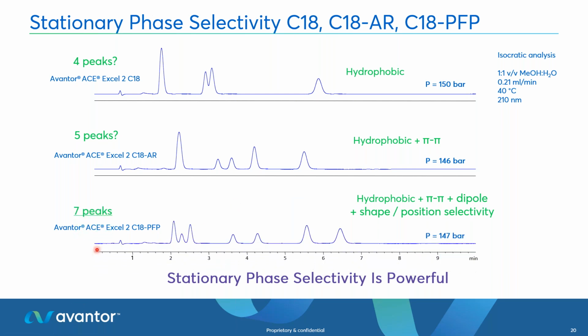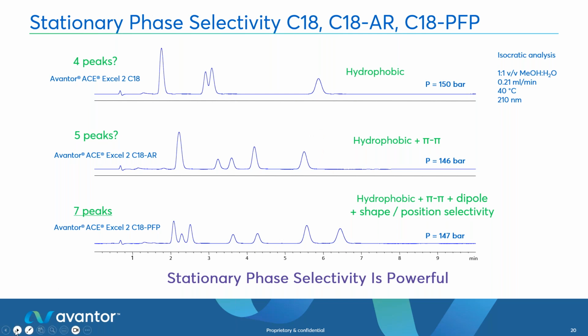When we put this down the PFP, we saw 7 peaks in what looked like a 4-component mixture. So the power of selectivity in finding hidden peaks, co-eluting peaks, is really powerful when you've got unknown samples as well. So it's worth looking at different selectivities.